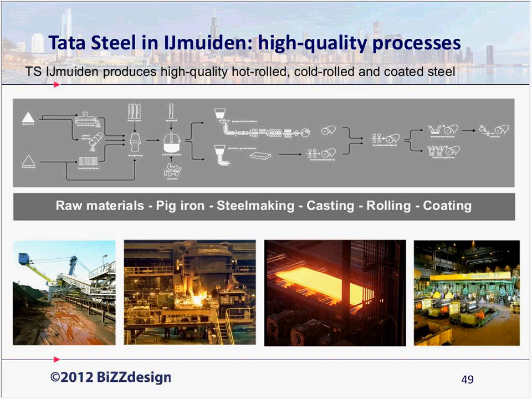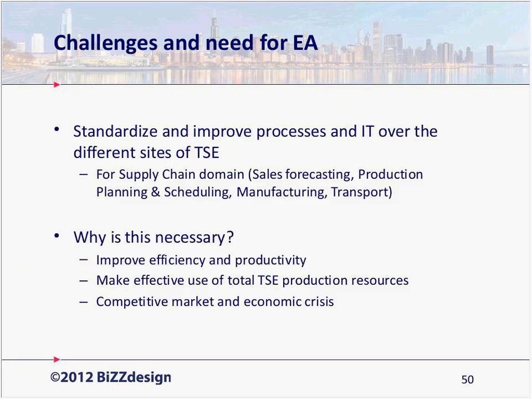So what is enterprise architecture doing, and why is it important at Tata Steel? What they need to do is standardize and improve processes and IT over the different sites. We have three main sites, one in the Netherlands and two in the UK, and they need to be integrated into one new supply chain.